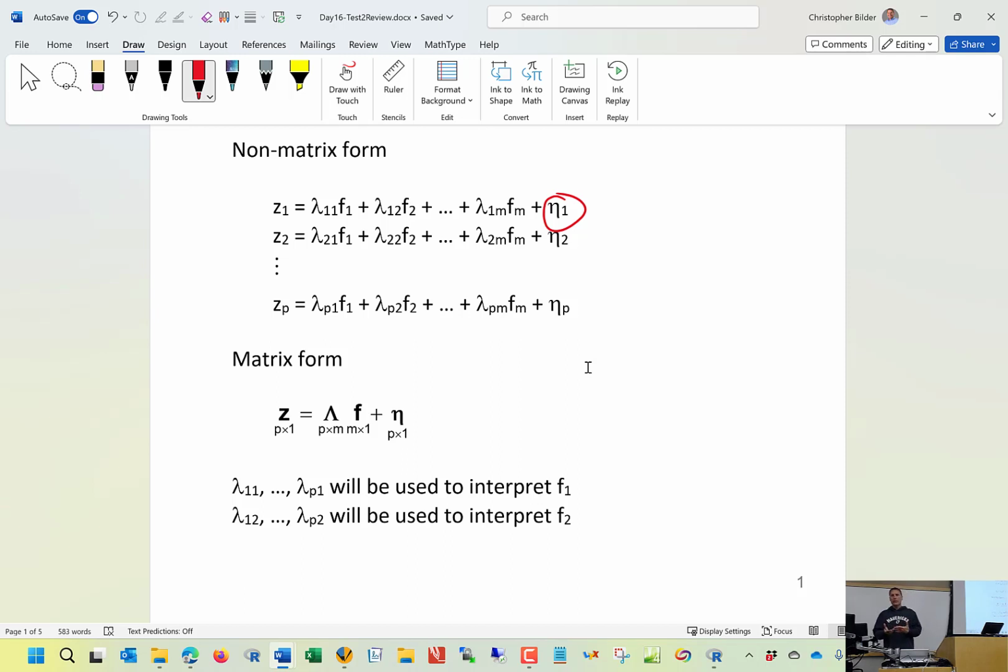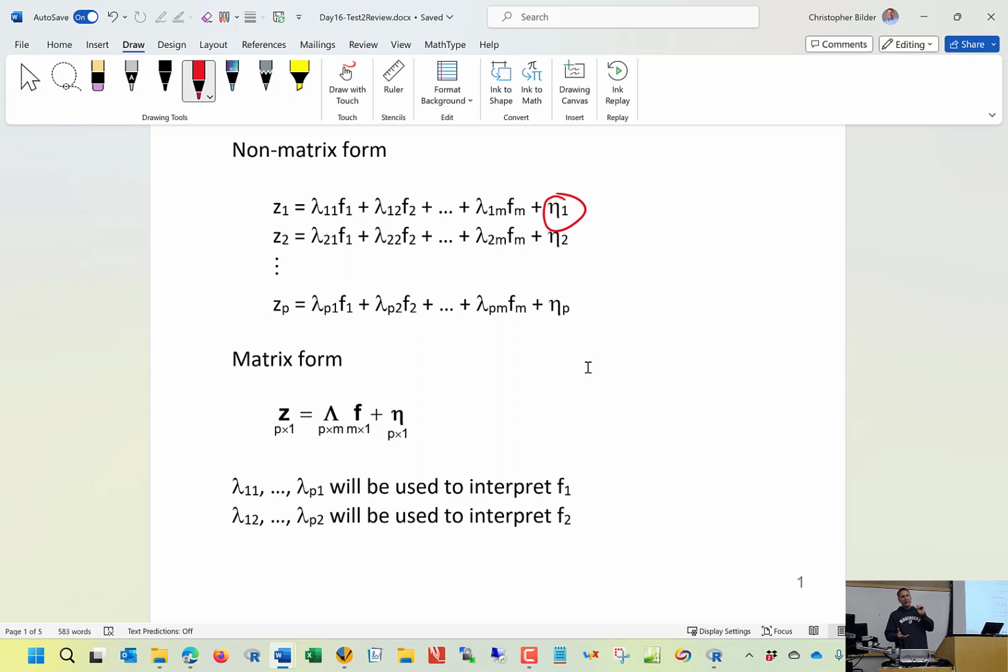So for observation 1, there is an actual numerical value for f1, for f2, and so on. For observation 2, there's a value of f1, there's a value of f2. We'd like to be able to calculate those, maybe do some plots, very similar to when we work with principal component scores. So that's the main thing that we're going to be doing here today.